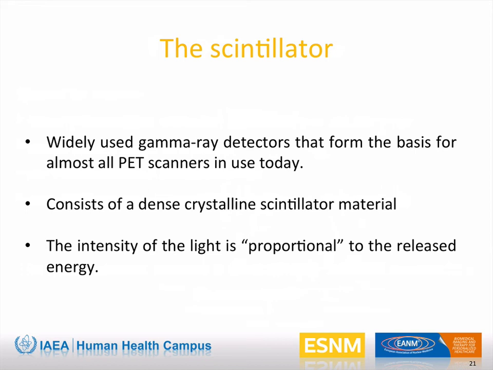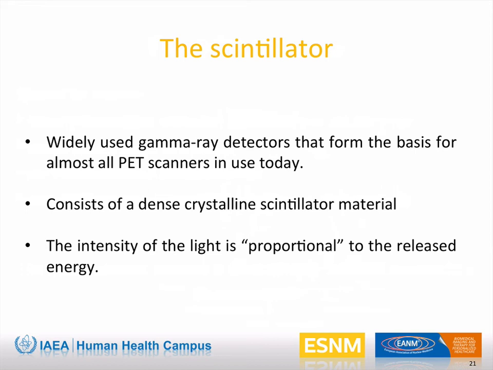When a photon of enough energy interacts inside it and releases all or part of its energy, the scintillator emits visible light, isotropically. The intensity of the emitted light, expressed as the number of low-energy light photons, is usually proportional to the released energy.